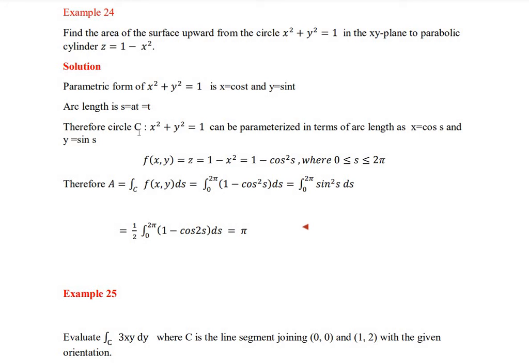Therefore, the circle C, that is x² + y² = 1, can be parameterized in terms of arc length. The circle is x = cos t and y = sin t, and t = s.